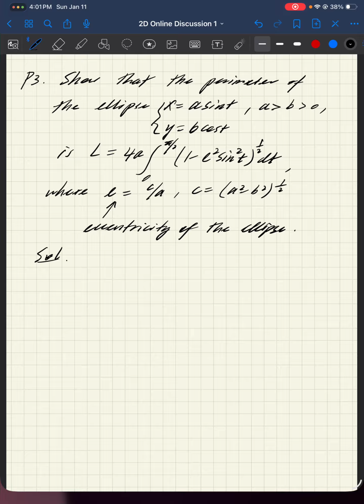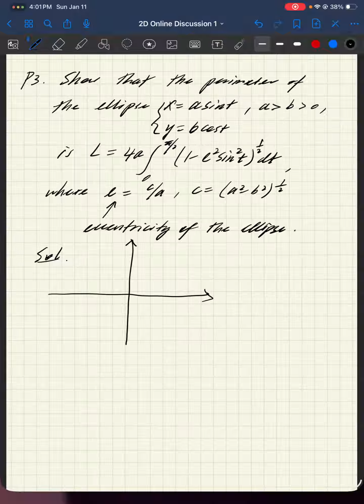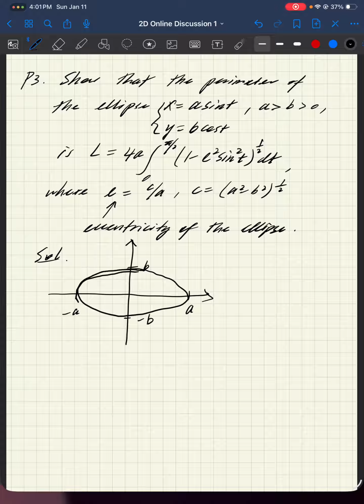So if I graph this ellipse, it's going to look like this. Here I have a and negative a, b and negative b, so it will roughly look like this.